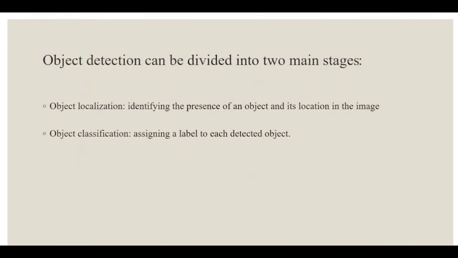Object detection can be divided into two main stages. Object localization: identifying the presence of an object and its location in the image. Object classification: assigning a label to each detected object.